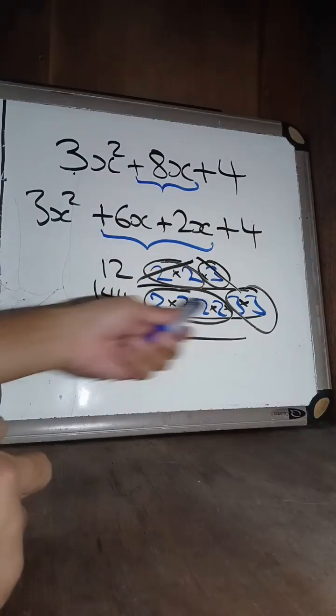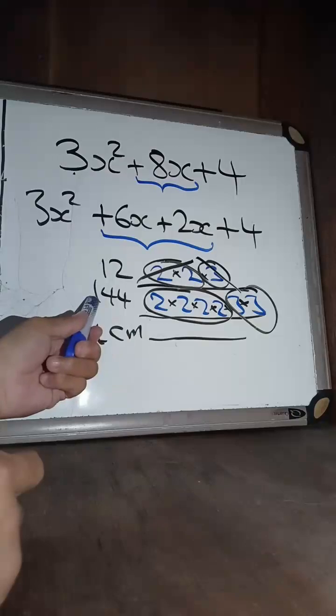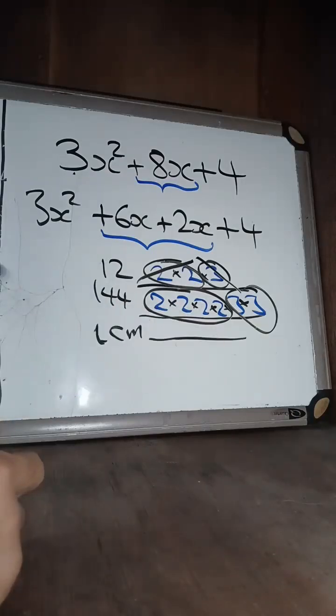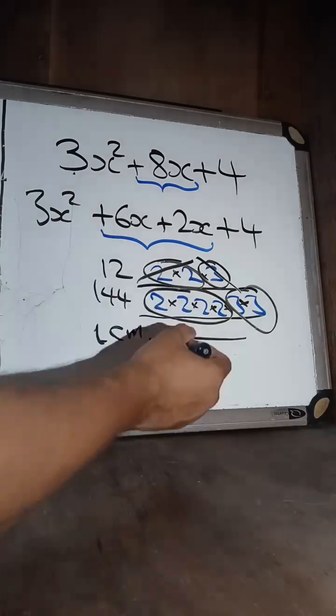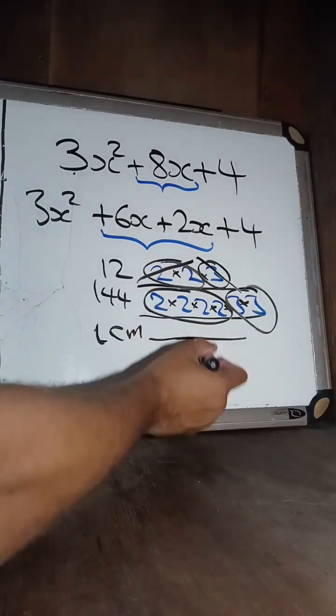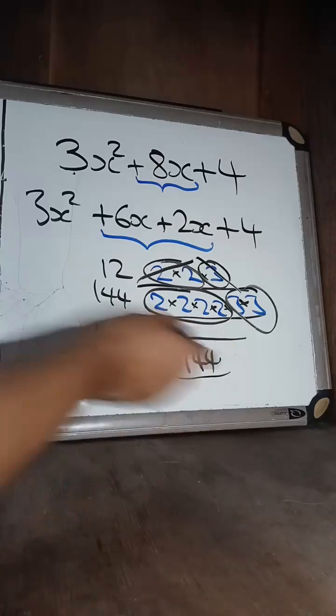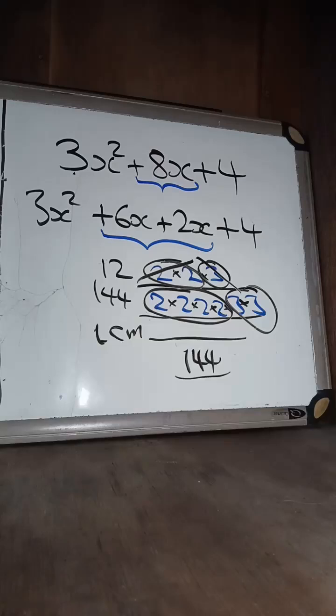And since all of this is the same as 144, your LCM is in fact 144. Yeah? So your LCM of 12 and 144 is 144. But that's because this entire thing is divisible by 12 exactly. Perfectly divisible by that.